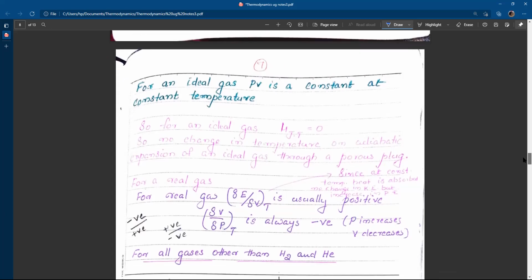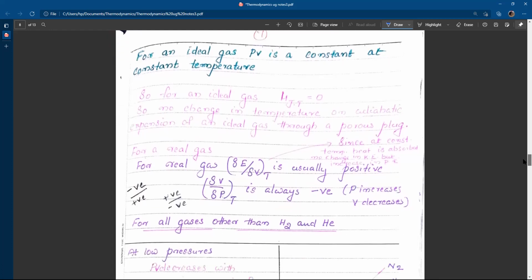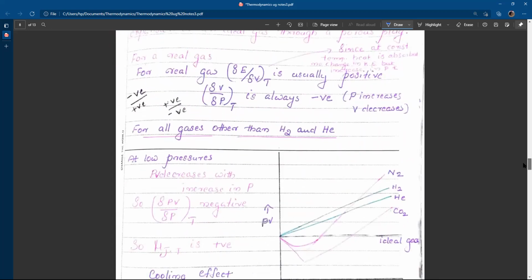As P increases, V decreases, so dou V by dou P is always negative. പ്രഷർ increase ചെയ്യുമ്പോൾ volume decrease ചെയ്യുകയാണ് ചെയ്യുക. So it is always negative. For all gases other than hydrogen and helium, this sign convention is applied.